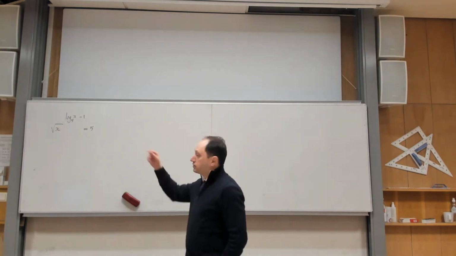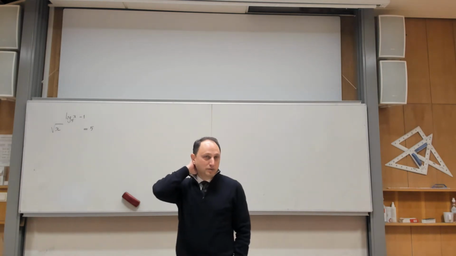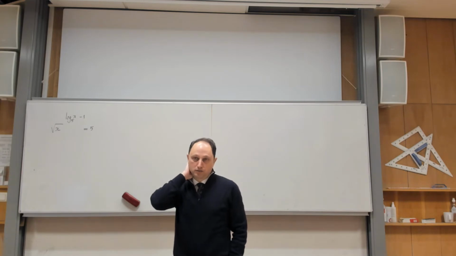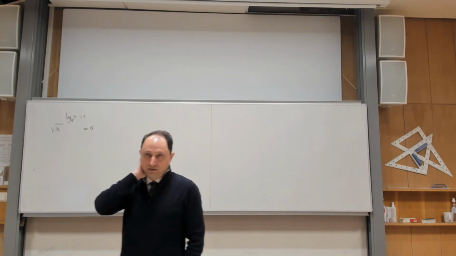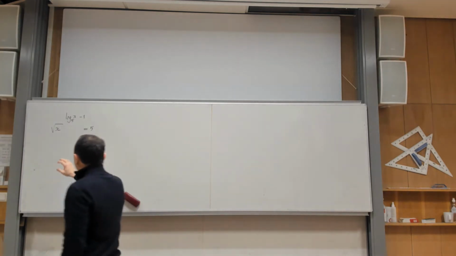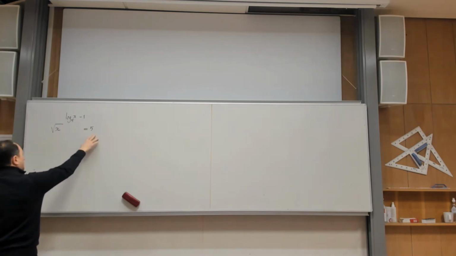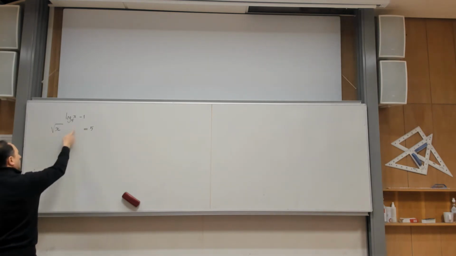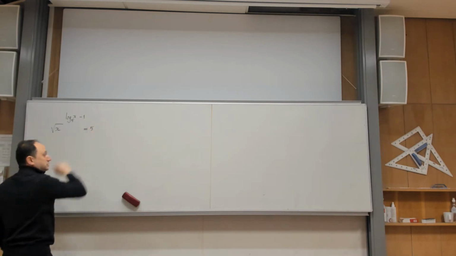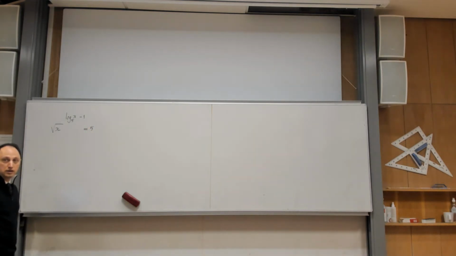If 2 numbers are equal, what can we say about the logs of the numbers in a given base? The logs are also equal. Yes. So now this is supposed to be equal to this one. So the log of this number should also be equal to the log of this number. But we can have logs in different bases.